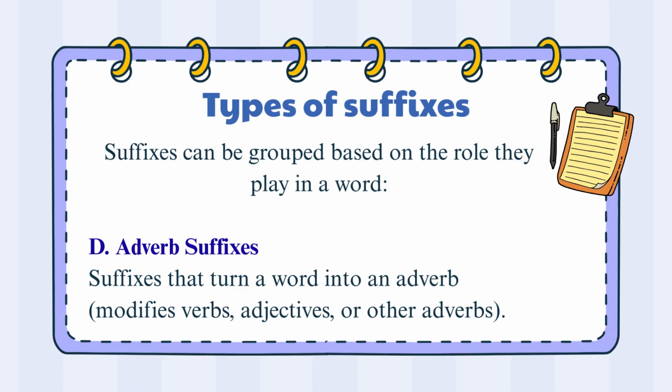And the last type of suffix is the adverb suffixes. These suffixes turn a word into an adverb. And the function of an adverb is to modify a verb, an adjective, or other adverbs. Let's see some examples of adverb suffixes.